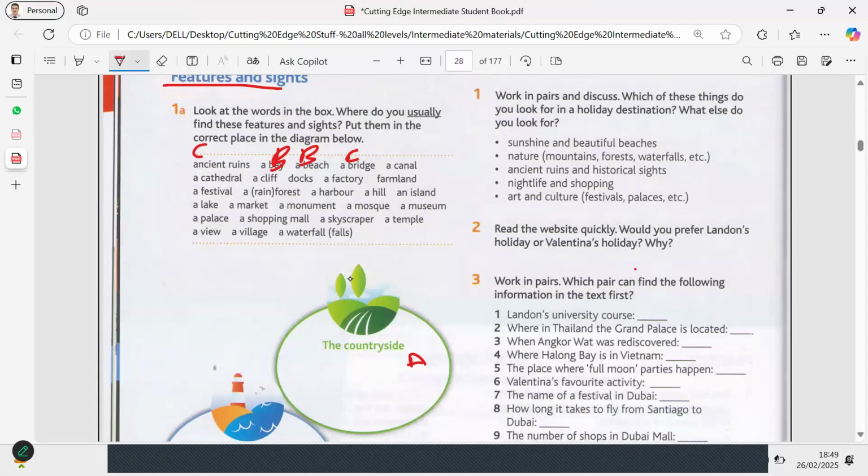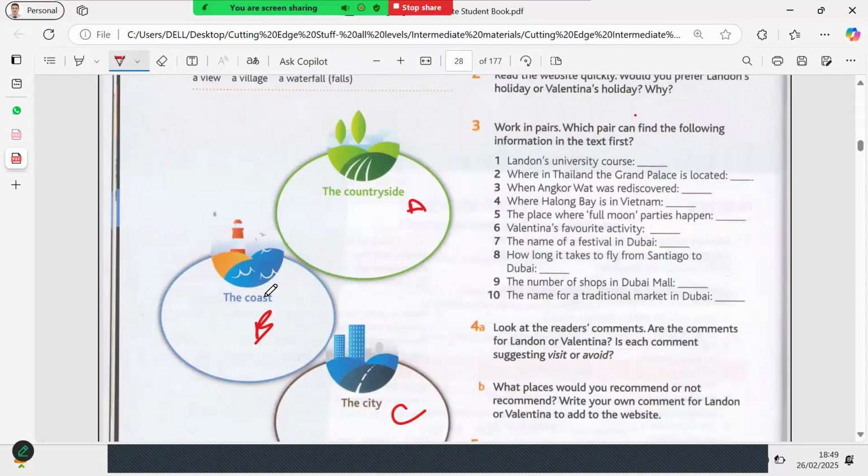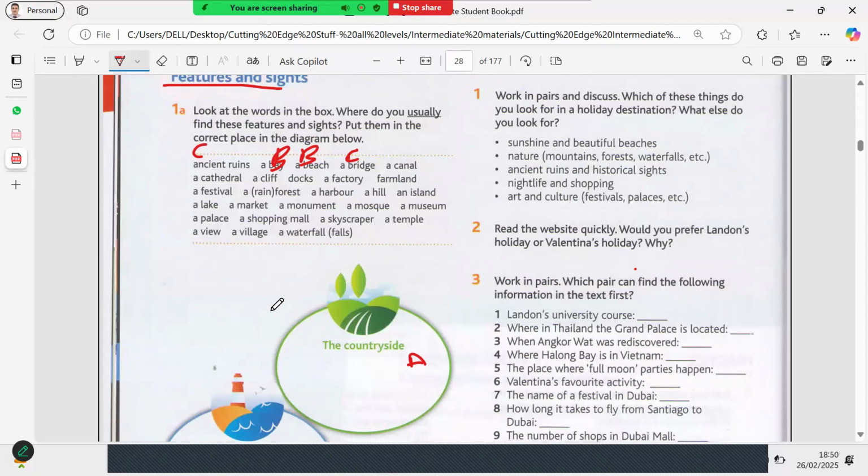A canal. A canal? Sea, maybe sea, and also I think related to the coast. What does it mean, teacher? Canal, يعني, like you can find a lot of canals in the UK because of rain.